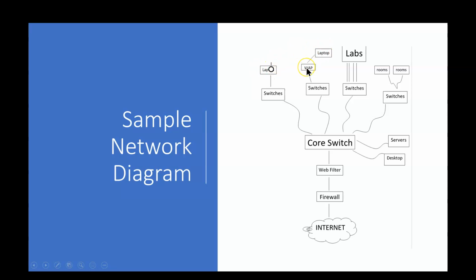They might connect to wireless access points, or they might connect to servers. So then heading out to the internet, everything goes through this core switch, through a web filter, through a firewall, and then connects to the internet. So you can see multiple layers of security there.